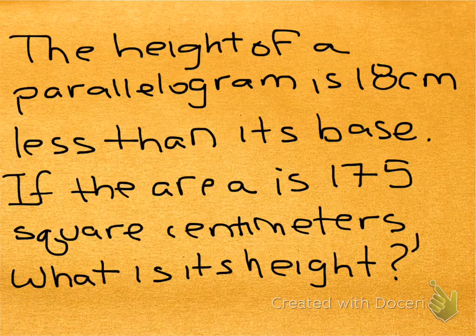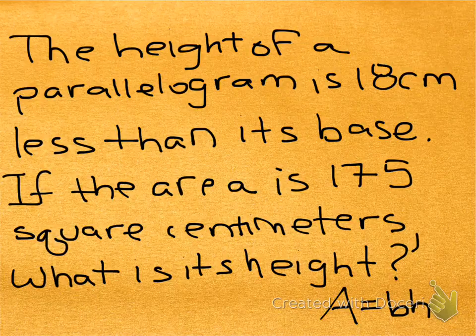And one final problem here, we have the height of a parallelogram is 18 centimeters less than its base, and a parallelogram would be considered like a rectangle. If the area is 175 square centimeters, what is its height? So the area of a parallelogram is A equals base times height.